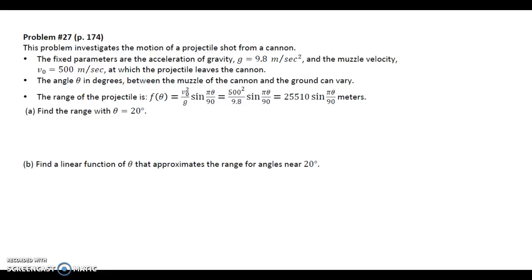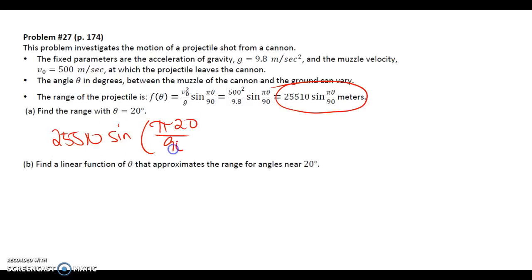So we have a function right here. Okay, and it says that's the range. What's the range at theta equals 20? 25510 sine of pi 20 over 90, right? So it should be 310. I don't know how far you want to approximate that or round it off.